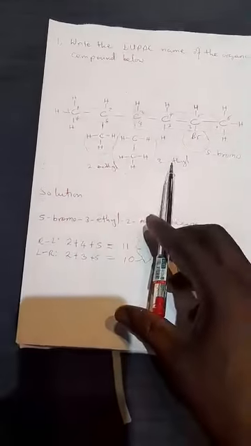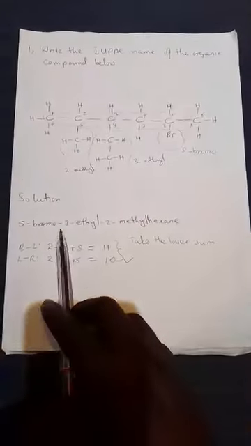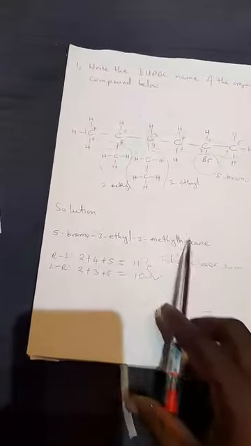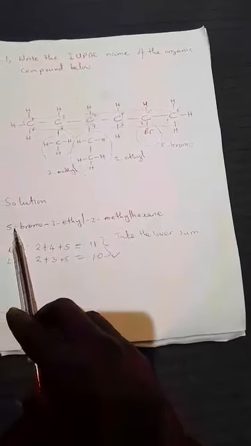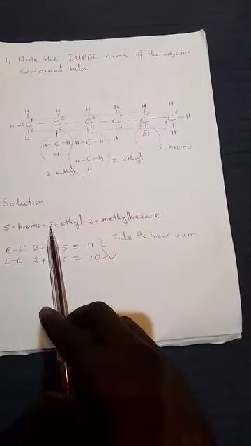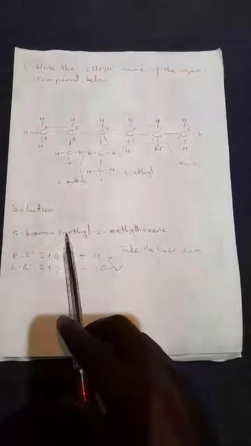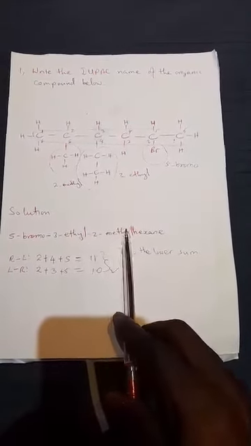Now what comes next alphabetically? E or M, it's E. So it's 3-ethyl, then 2-methyl hexane. So in between the number and the letter, we separate them by a hyphen. In between the letter and the number, we separate them by a hyphen. So we're saying it's 5-bromo-3-ethyl-2-methylhexane.